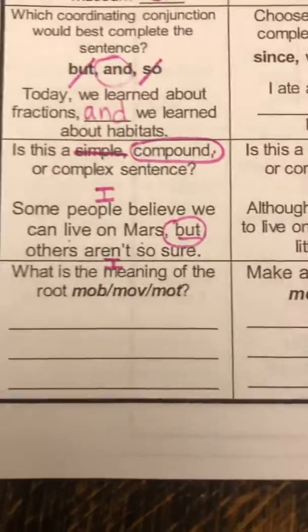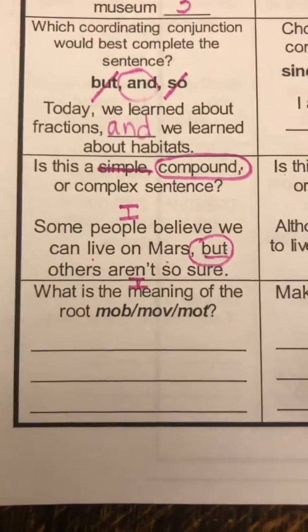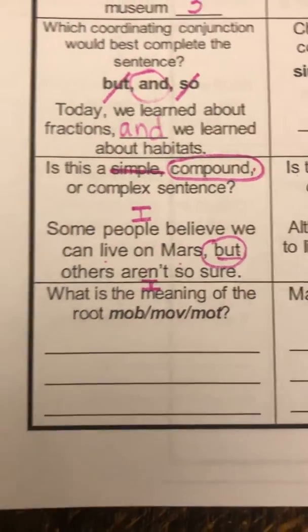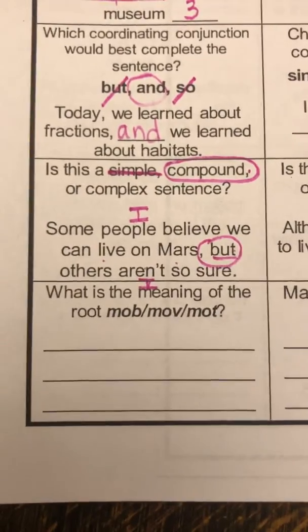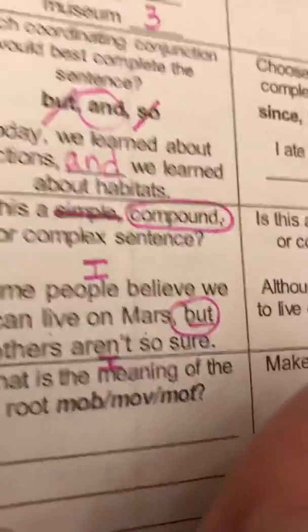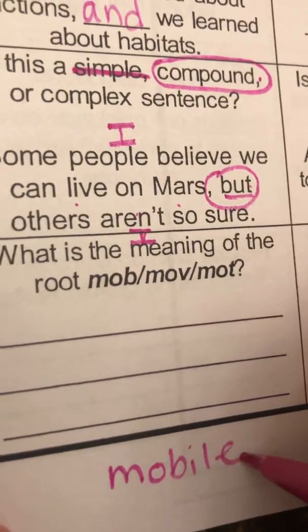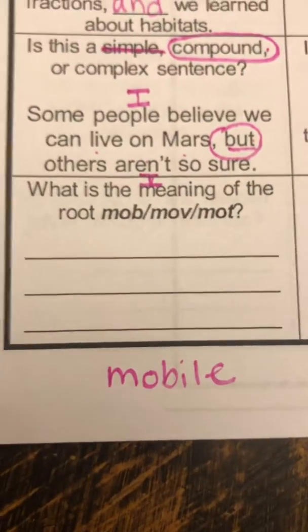And the last one is new, guys, so if you didn't get this one right, it is totally fine. What is the meaning of the root mob, mov, and mot? These are pieces of words, so just to give you an example of one would be mobile. I know we've talked about that word before. Mobile means you are able to do what?